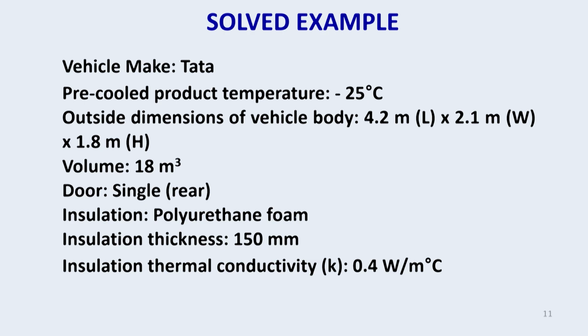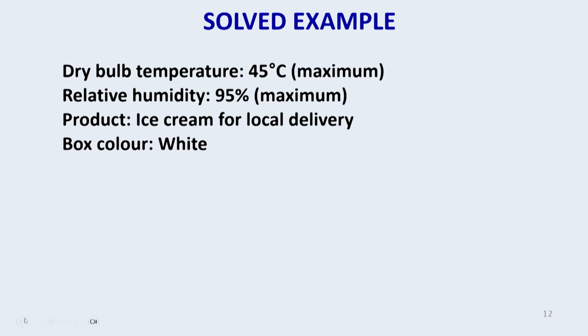Insulation is polyurethane foam, that is puff. Insulation thickness is 150 millimeter. Thermal conductivity is given as 0.4 watt per meter degree centigrade. For thermal conductivity, the unit is watt per meter Kelvin or watt per meter degree centigrade. Dry bulb temperature 45, relative humidity 95, product ice cream for local delivery, box color is white.